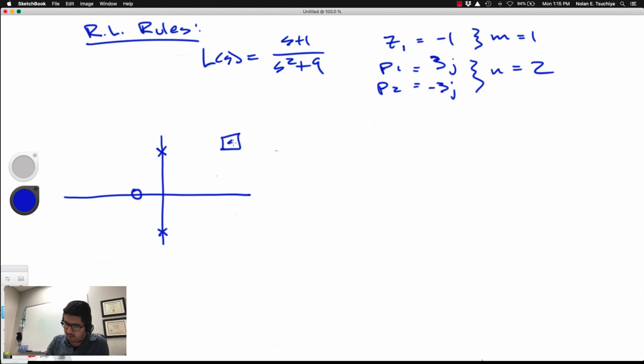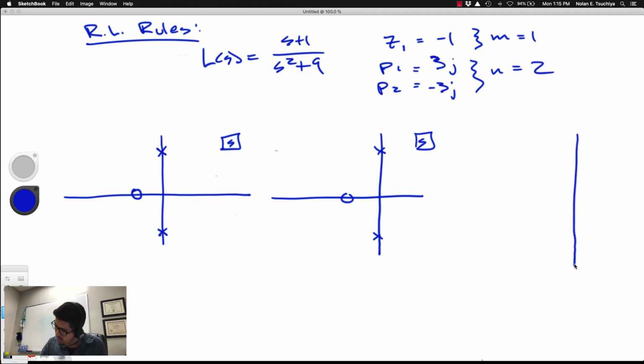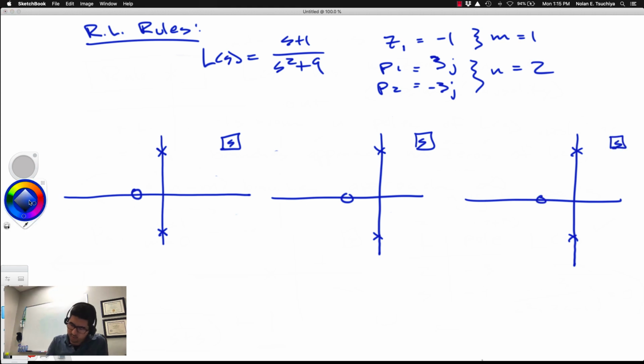So this is what my S-plane looks like. Let me sketch this out a couple of times here. We'll look at 3 different scenarios. What I'll do is sketch out the root locus branches in a variety of different ways so you can see which ones satisfy which rules and which ones do not.